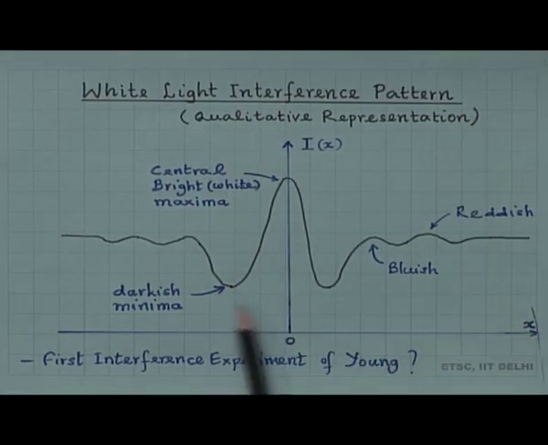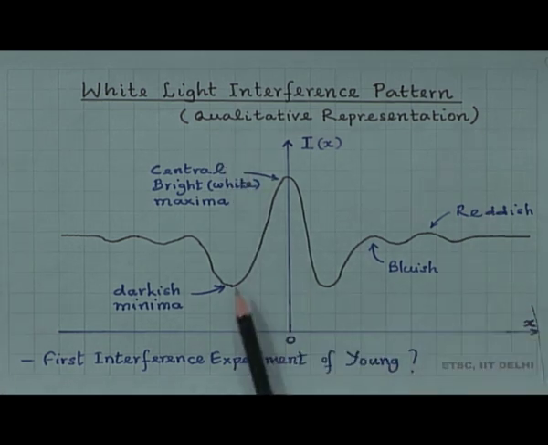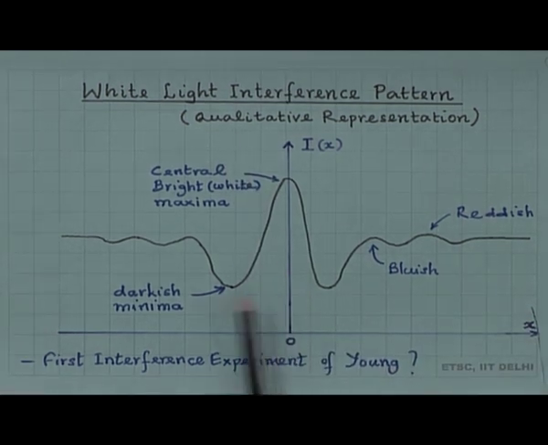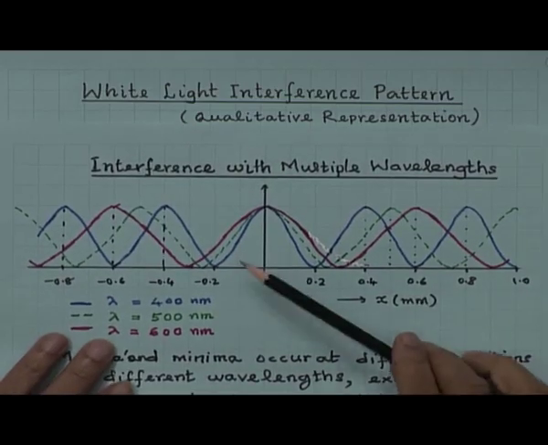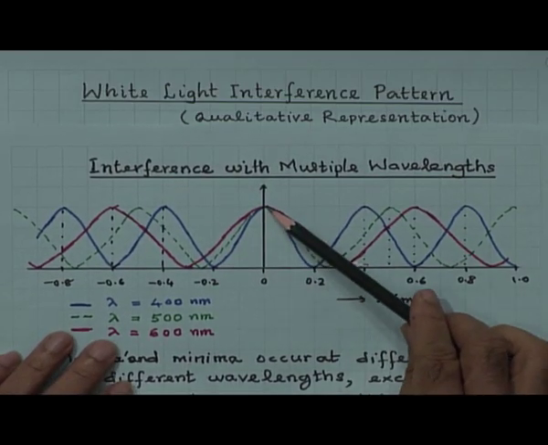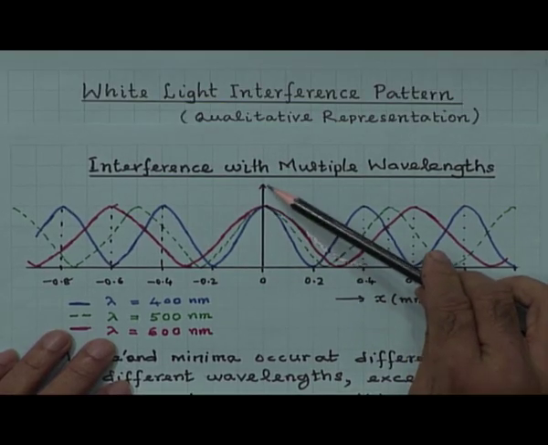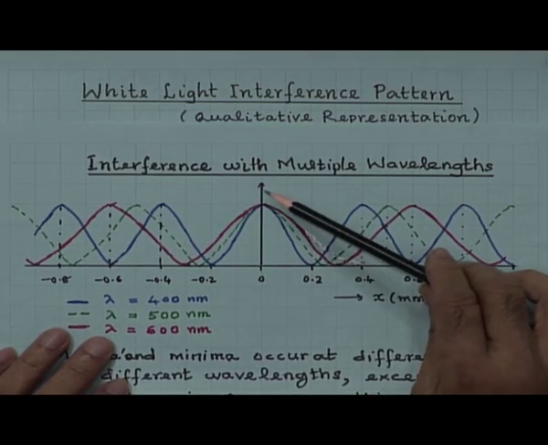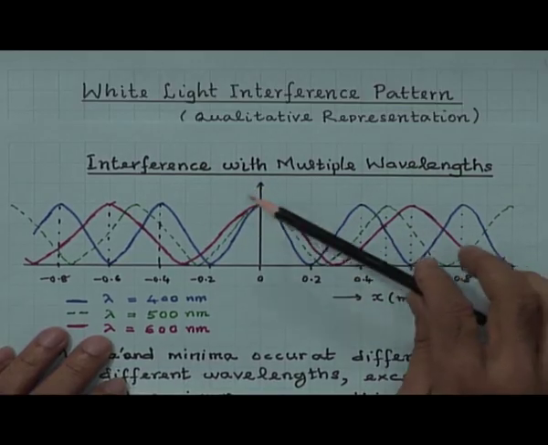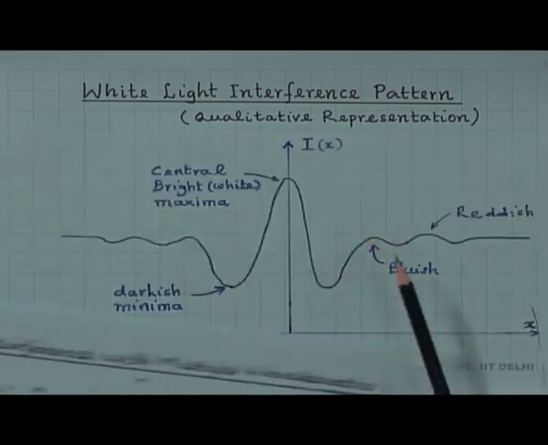It is a qualitative representation. Because all the colors have the same position of maxima, at this point all the colors will be bright and add up to give a bright white fringe, and that is what we have.